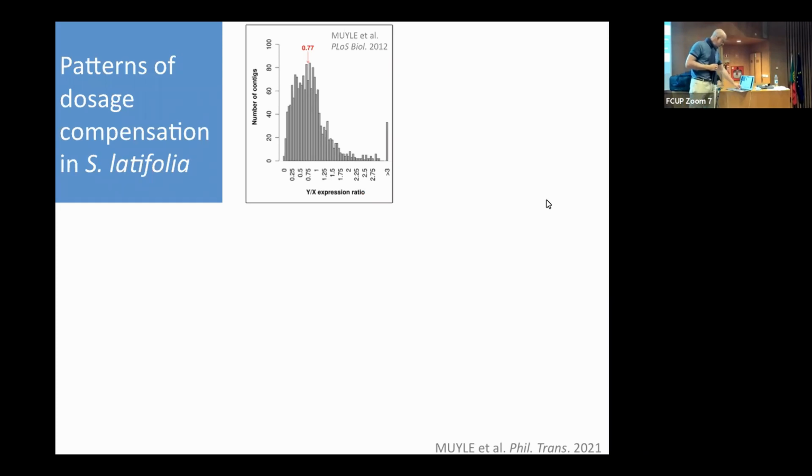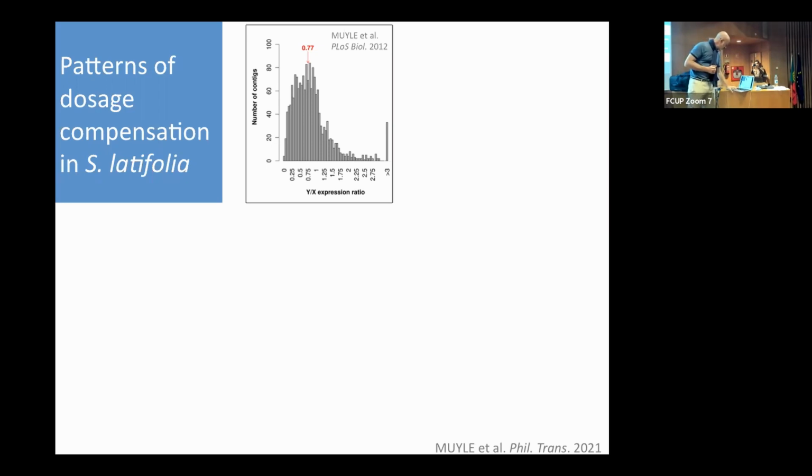Okay, so then we studied the sex-linked genes in this species, and we found that if we compare the expression of the X allele and the Y allele of a given sex-linked gene, the expression of the Y allele is reduced compared to that of the X allele. So on this graph, you have the Y over X expression ratio, and you can see that a lot of sex-linked genes have a ratio that is lower than 1.